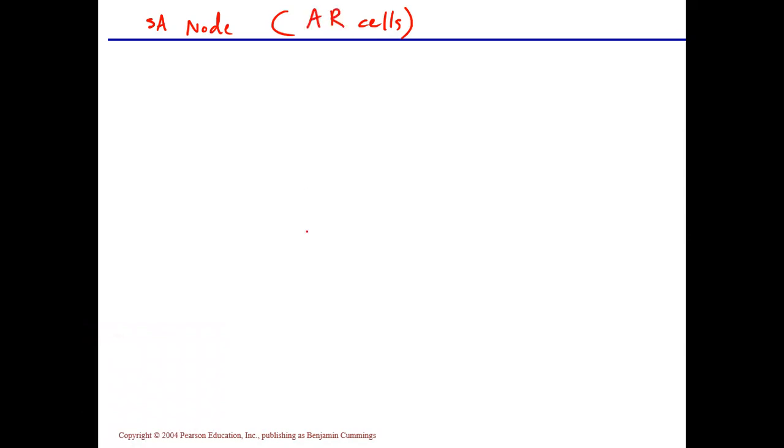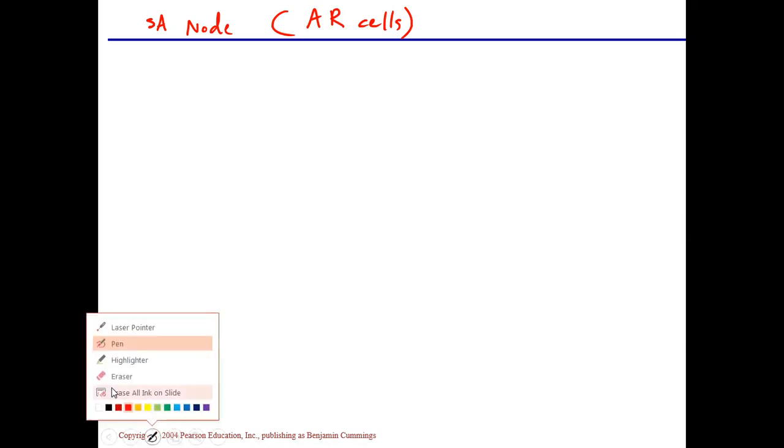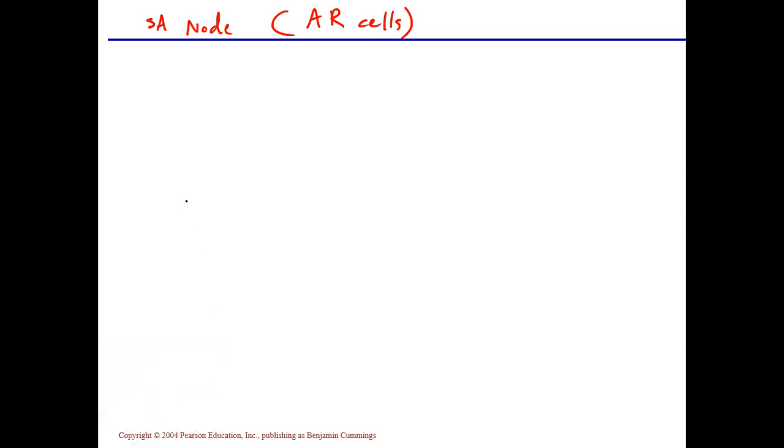Autorhythmic cells. So during the autorhythmic cells, I'm just going to draw you one. It doesn't mean that I'm going to draw everything for you. Keep in mind that many of those channels that we discussed earlier still are in place.